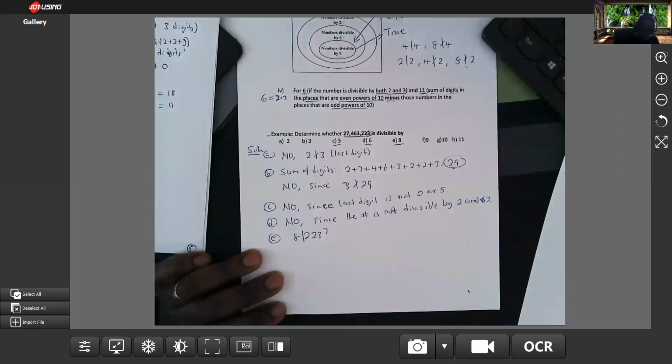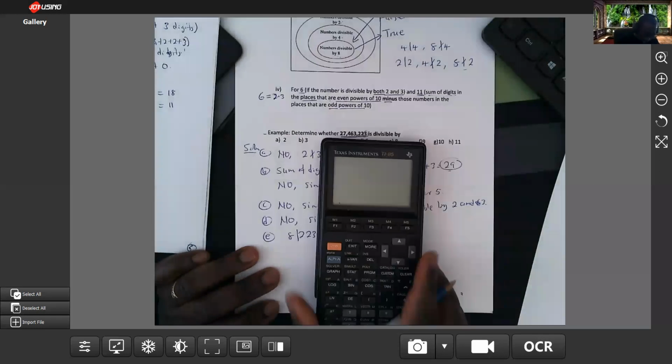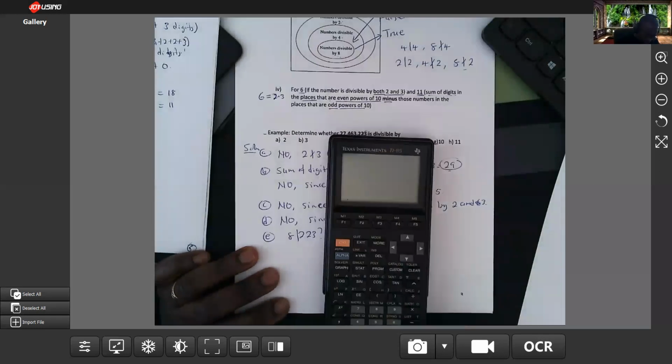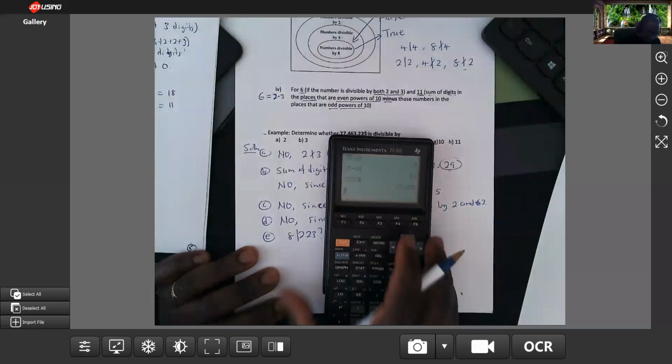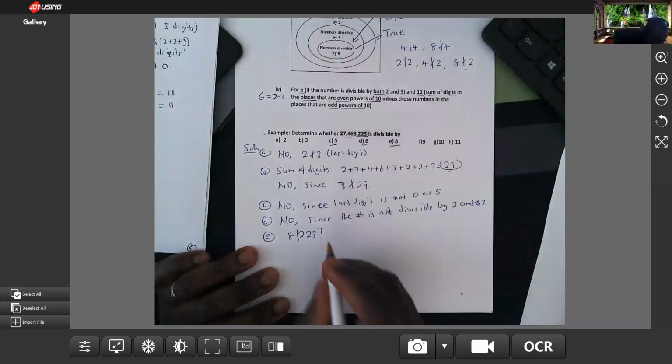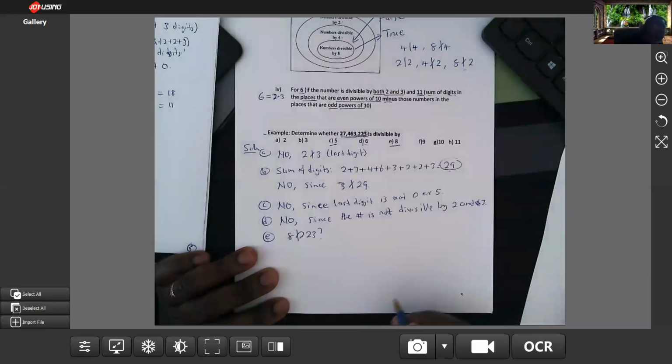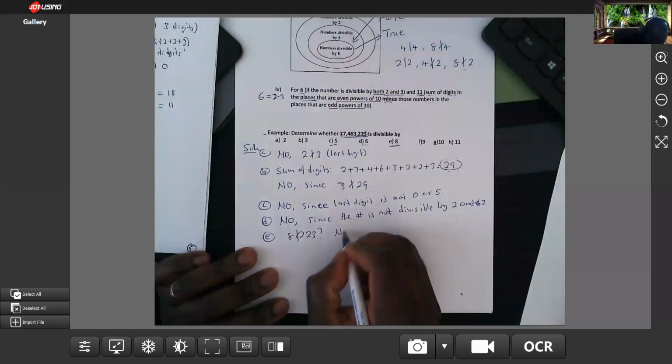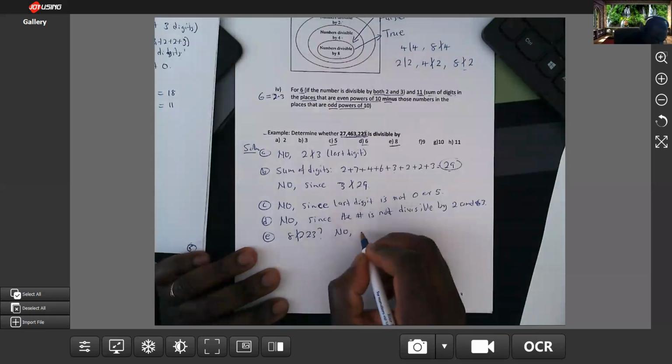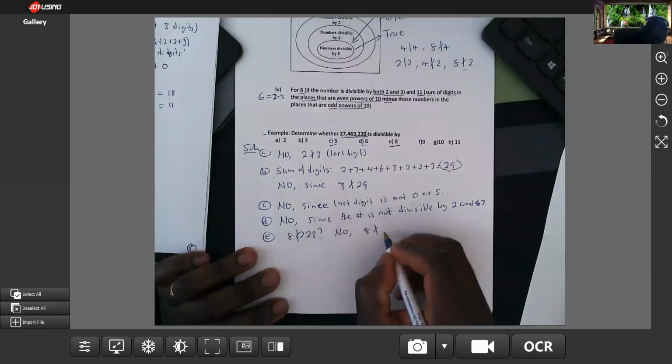Of course, if you use a calculator, 2, 2, 3 divided by 8, it is not possible. You have decimals. So we say that it's not divisible. So your answer is no, because 8 does not divide 223.